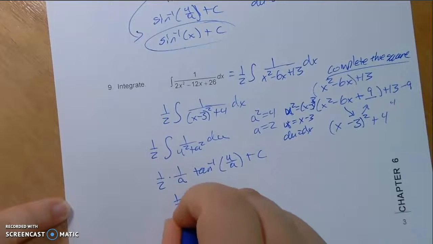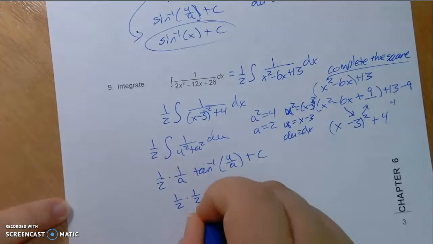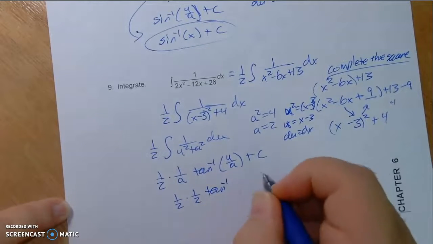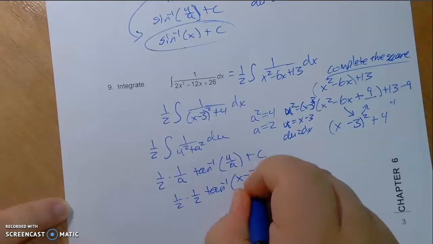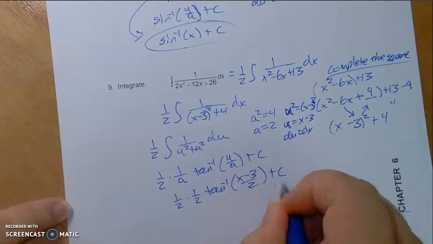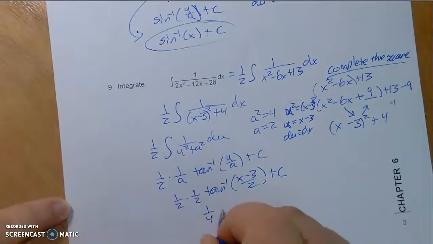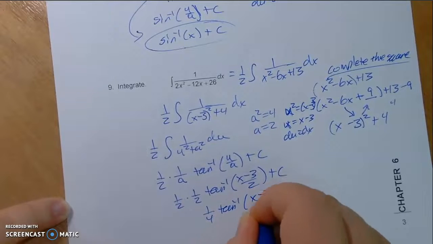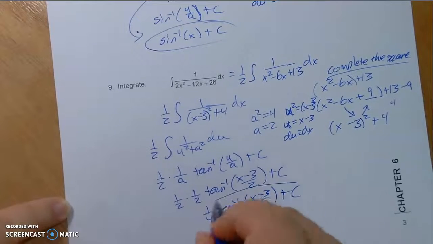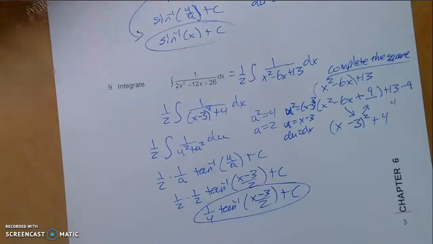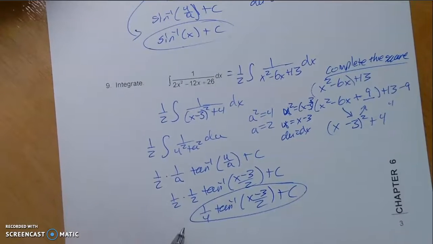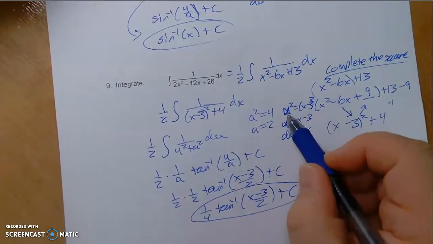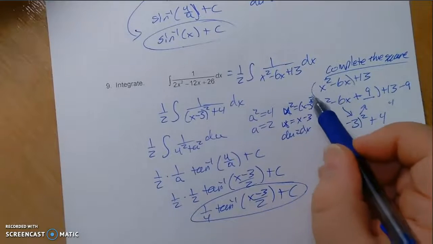So 1/2 times 1 over 2 inverse tangent of x minus 3 over 2 plus c. So you get 1/4 inverse tangent of x minus 3 over 2 plus c. Hope that was clear. What I wrote was good, except this got a little messy there. That's u squared equals x minus 3 quantity squared.